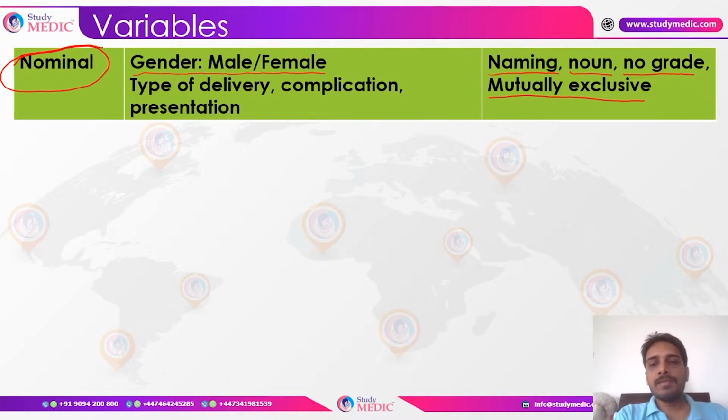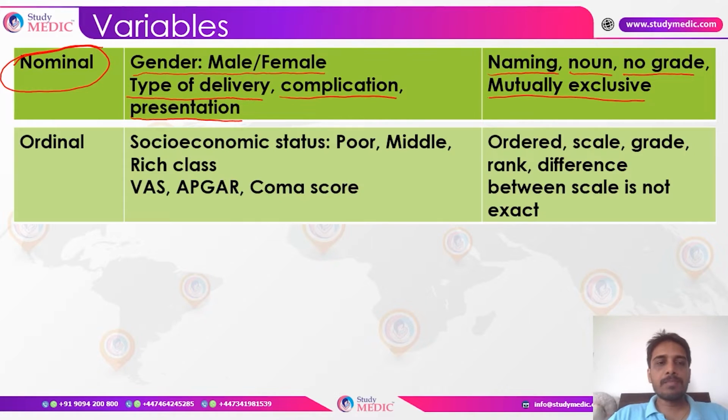Similar examples of nominal variables include the types of delivery, like LSCS or vaginal, types of complications, and types of presentation, either cephalic, breech, or whatever it is. So these are the examples for nominal variables. Then, for example, socio-economic status. It can be classified into a rank of poor, middle, and rich class.